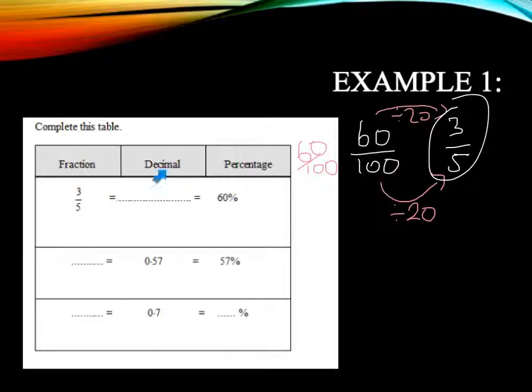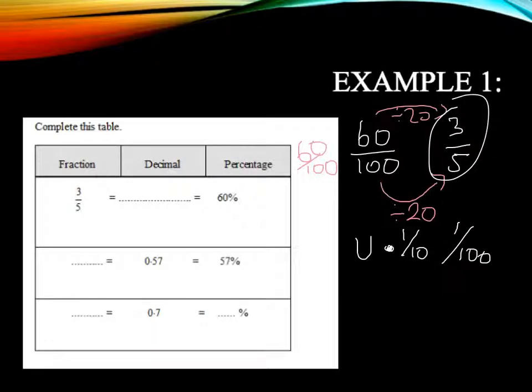Now the bit in the middle is the decimal, and this is where again we need to think quite carefully about our number line. So I'm just going to start off with our units, our decimal point, and then after this we have tenths, so 1 out of 10, and then we have hundredths. After that we've got thousandths and so on.